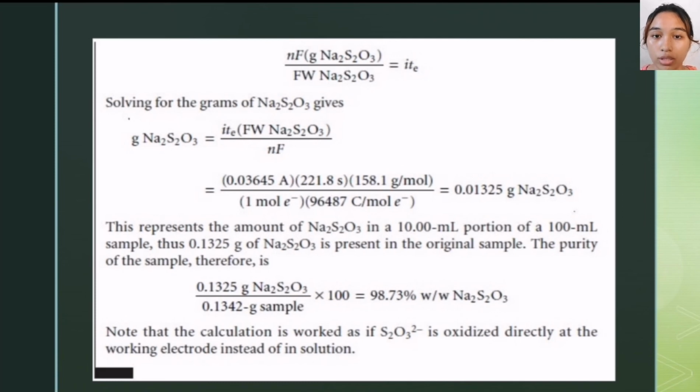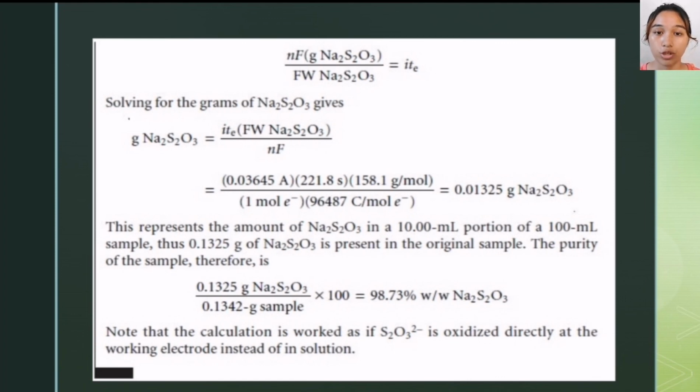This represents the amount of sodium thiosulfate in a 10.00 mL portion of a 100 mL sample, thus 0.1325 grams of sodium thiosulfate is present in the original sample. The purity of the sample therefore is 0.1325 grams of sodium thiosulfate divided by the 0.1342 gram sample, which you can see in the given.